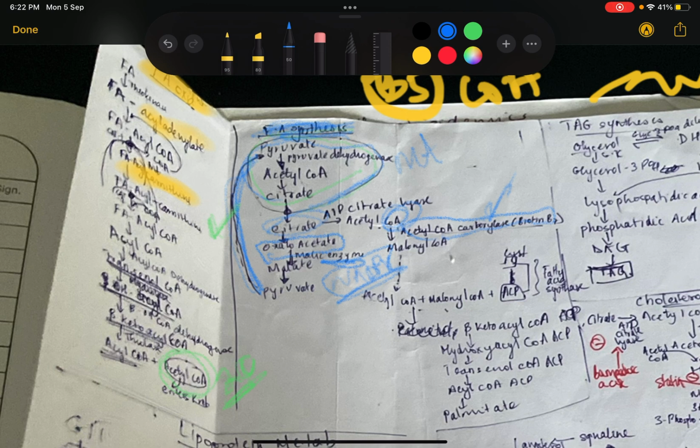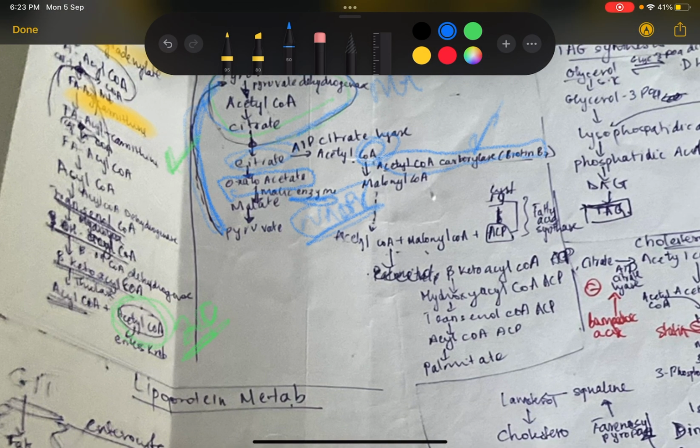All right, so once your acetyl CoA is carboxylated, you have malonyl CoA, and then these acetyl CoA and malonyl CoA join, and they rejoin again and again to form a fatty acid.